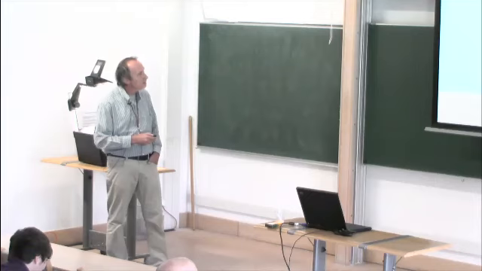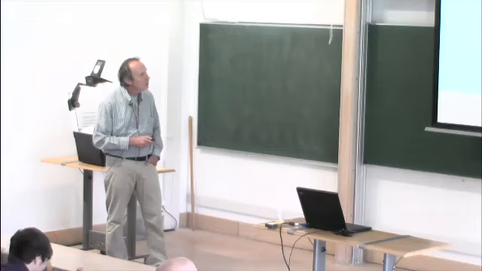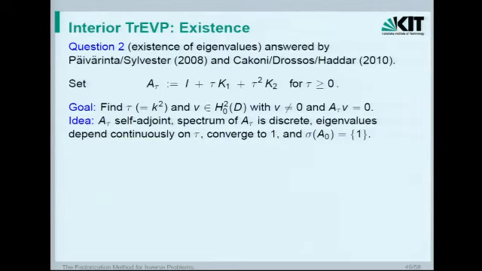A tau is self-adjoint, and the spectrum of A tau is discrete, and the eigenvalues depend continuously on tau. And they converge to 1 because if you put tau equals 0, then you have the identity, and the eigenvalues of the identity are 1. So if tau is 0, the spectrum consists just of 1.